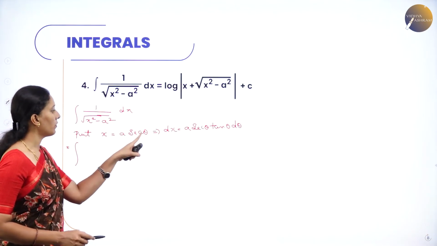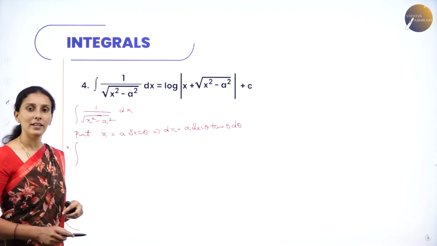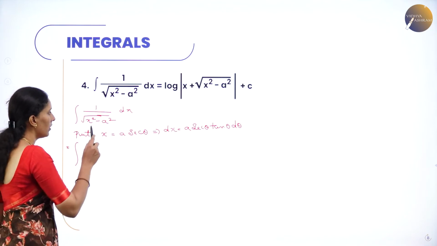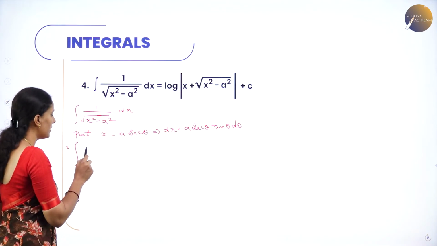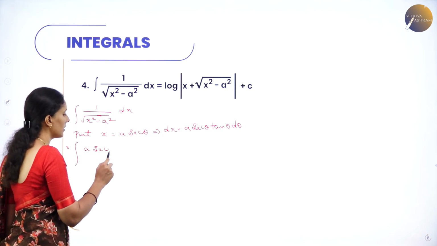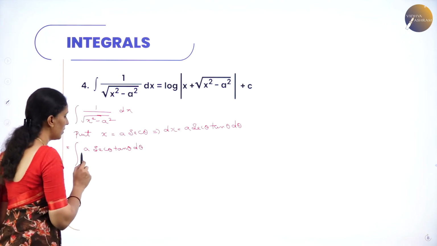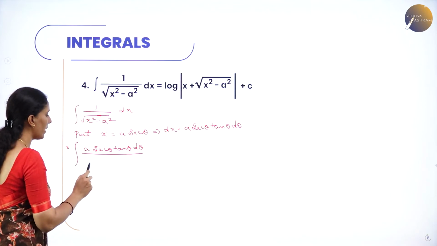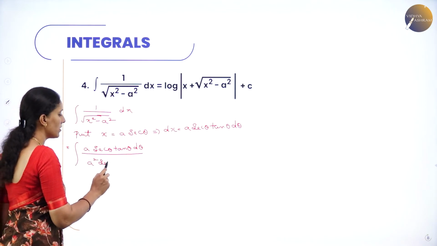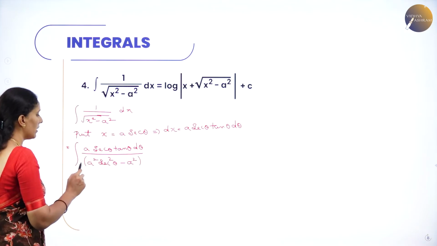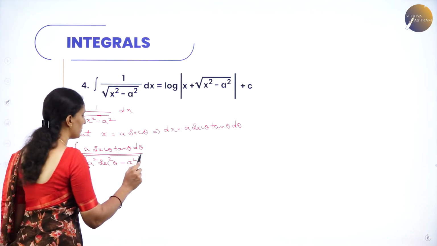So therefore here, if you want theta, then it is secant inverse x by a. So let's see now. In the place of dx, I will write a secant theta tan theta d theta, whole divided by x square becomes a square secant square theta minus a square, which is under the square root.